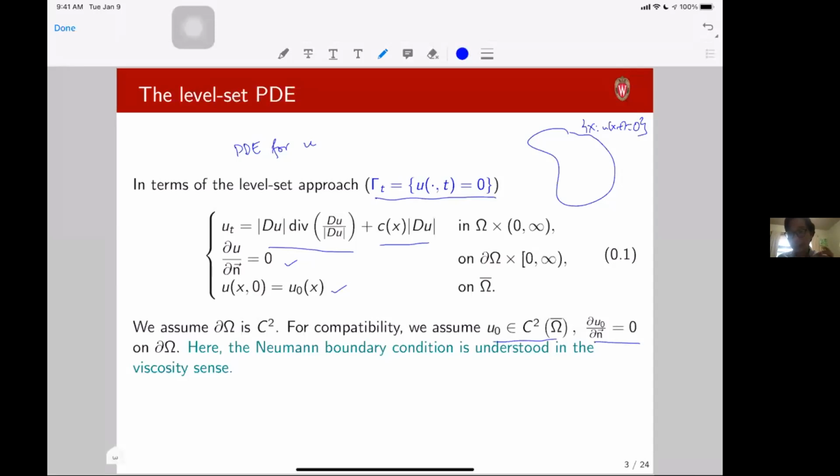It's not clear, and it hasn't been systematically studied even up to this moment, according to my understanding, what happens precisely if a singularity forms on the boundary. Let me give you a very simple example in this aspect.